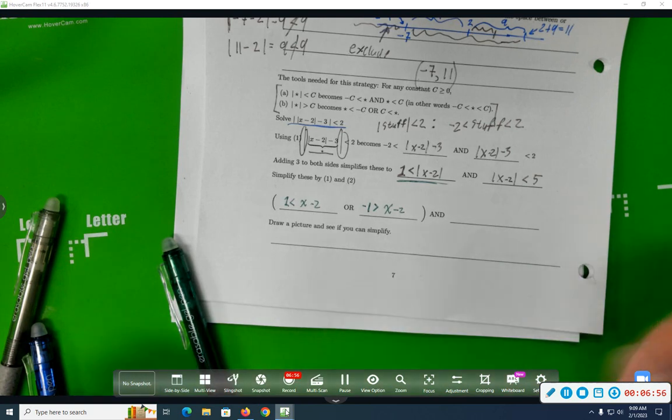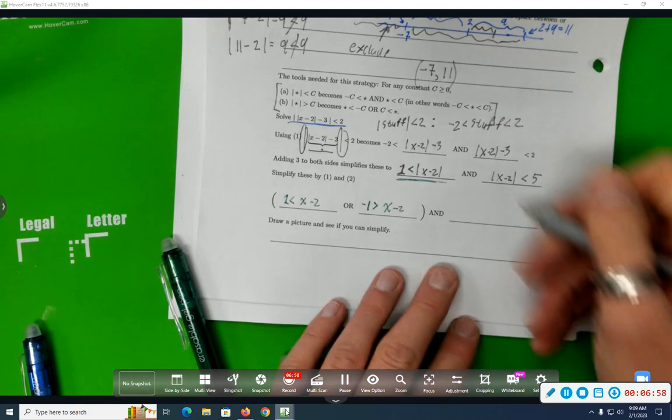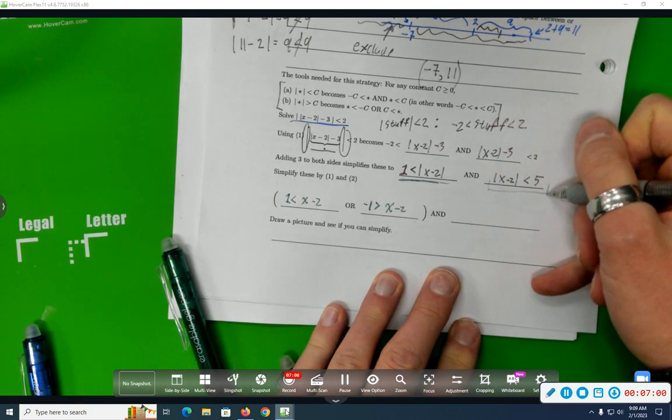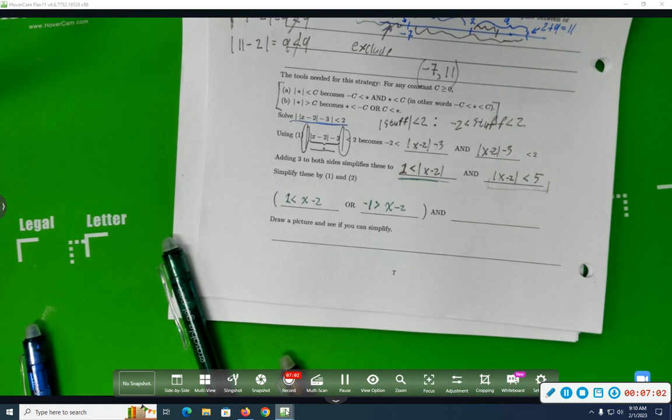how about this? This one says that the absolute value of x minus 2 is less than 5. So what does that become when you get rid of absolute value?